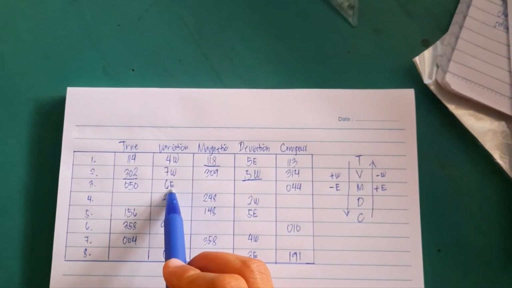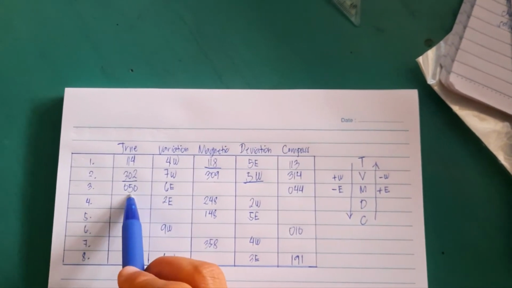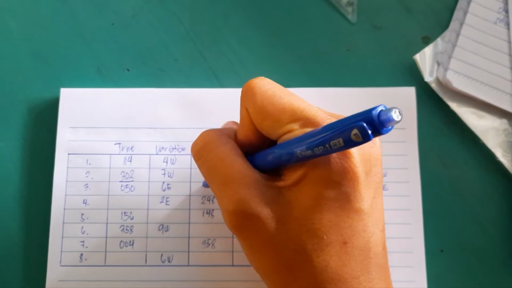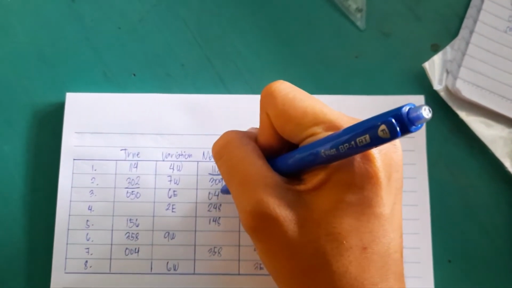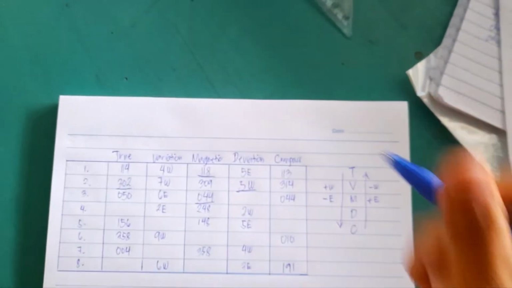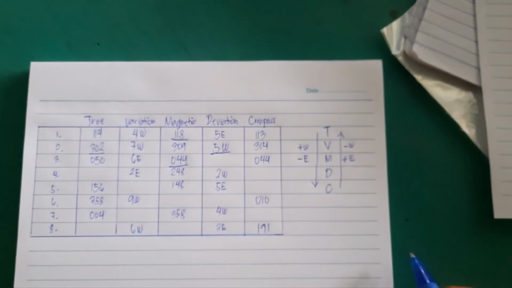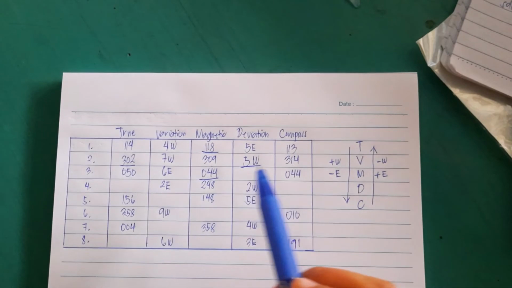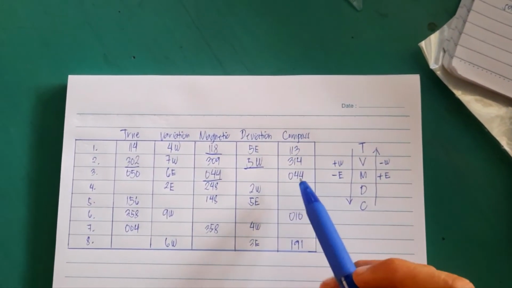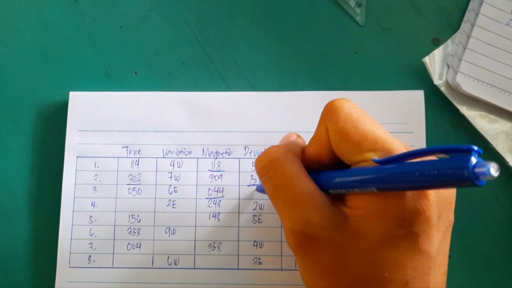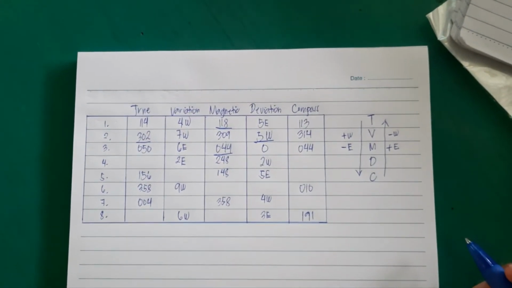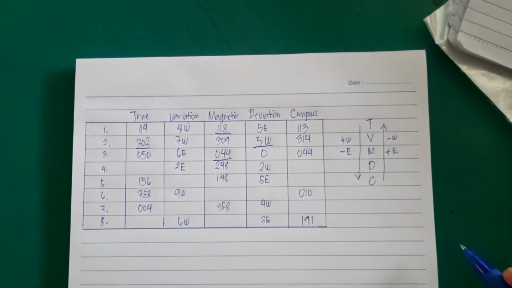Since it is east, then it is minus: 50 minus 6, that's 044. That's the magnetic. For the deviation, obviously the magnetic and the compass are the same, so this is obviously 0. Always remember, you can't put a sign if the error is 0.